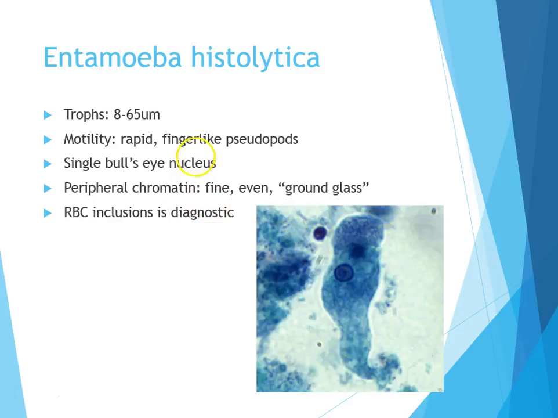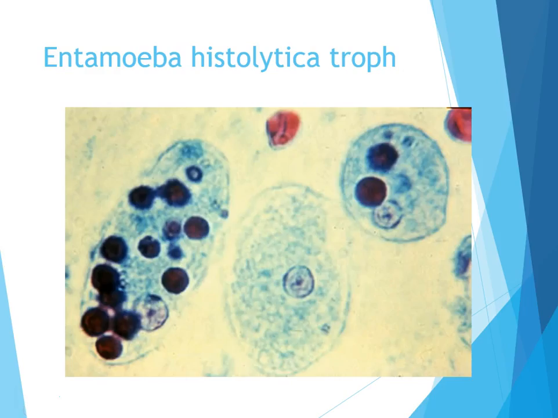It has a single bullseye nucleus, which is referring to the karyosome. It has peripheral chromatin that's fine, even, and ground glass, and it can have red cells in the troph.